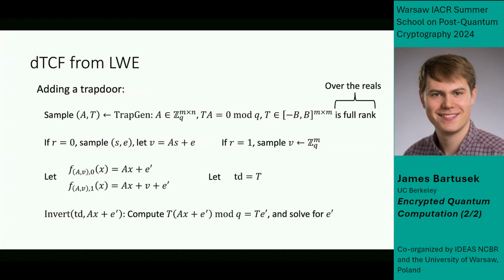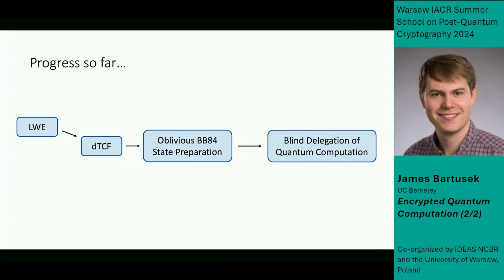Any questions about this? This was one of the further steps on our road. So now we understand that just from the LWE assumption, we can build these DTCFs, which in turn imply what we wanted, this blind delegation protocol.